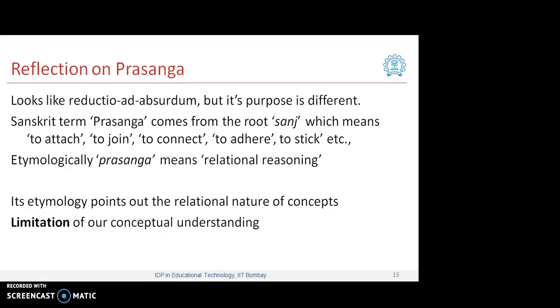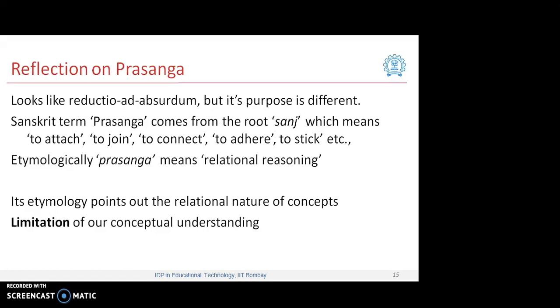But we see that the Prasanga arguments are generally recognized as a negative kind of arguments, where the purpose is to refute the position of the opponents by showing the contradiction involved in them, and this way it is generally understood as a kind of negative argument which is called vitanda.